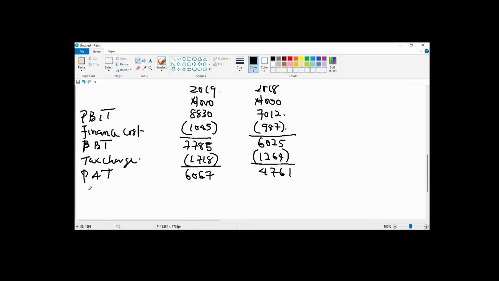Then preference dividend, which is 60. If I multiply 6% of this, it gives me the preference dividend. I will deduct it. How much is the dividend here? 60.